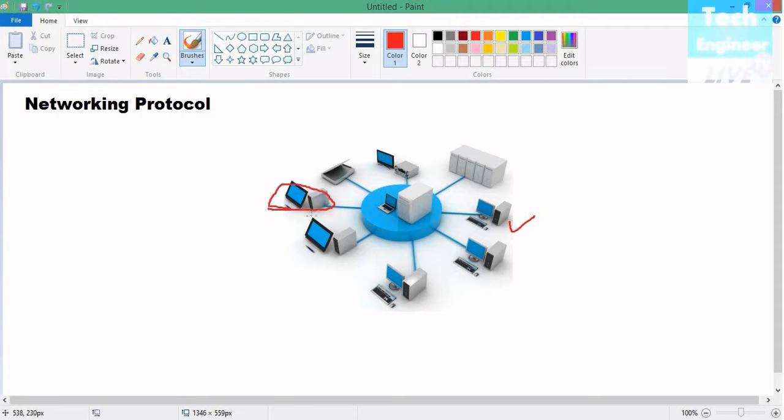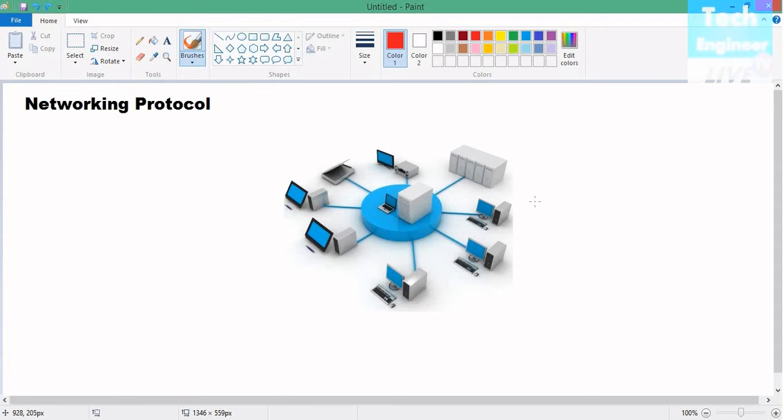So we need some standard protocols, so that whenever my computer plans to send data and communicate with some computer, the receiving computer should understand what I'm saying.